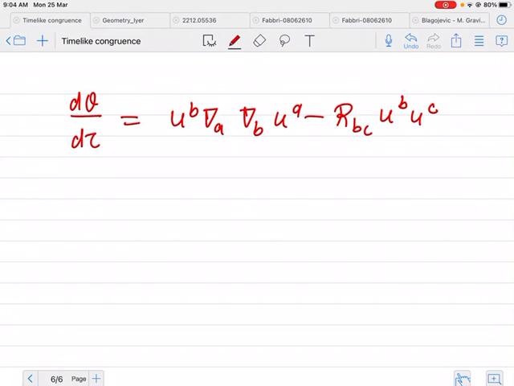And we can further write this u^a u^b del_a del_b u^a in terms of the rotation tensor.